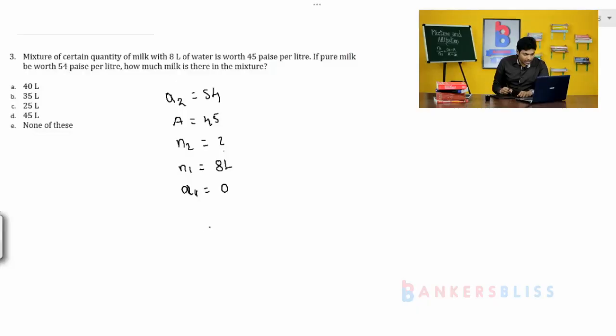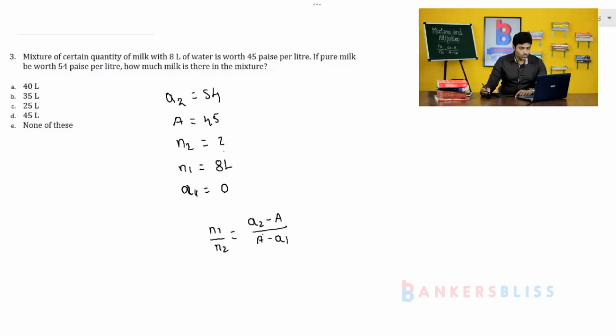Now, N1 by N2 is equal to A2 minus A by A minus A1. We know the value of A2. So, A2 is 54 minus A, that is 45, by 45 minus 0, is equal to N1, that is 8 liters, divided by milk, that is N2.